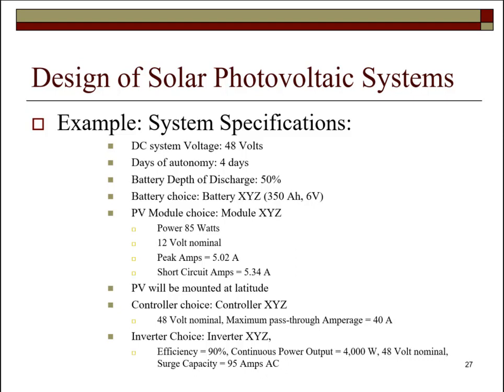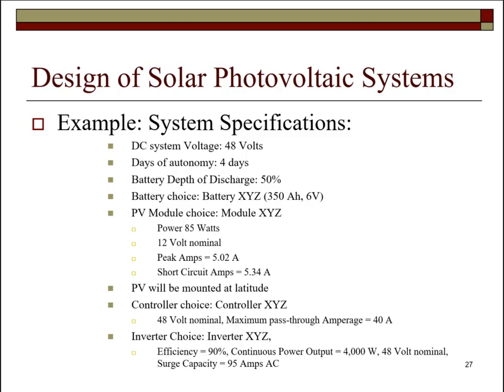These are the design specifications of the desired system. DC voltage 48, days of autonomy 4, depth of discharge 50%, choosing a 6-volt battery with 350 amp hours.